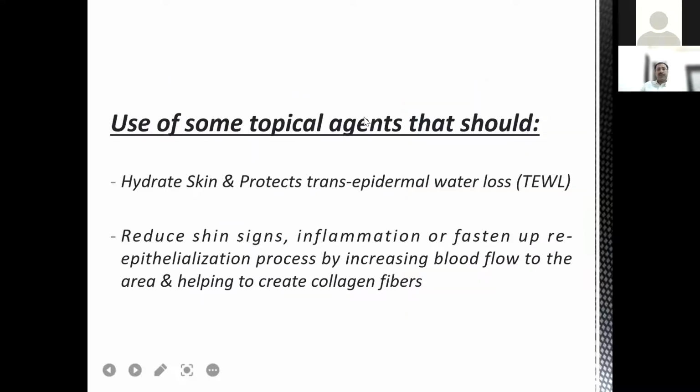There should be some topical agents that hydrate the skin and protect against transepidermal water loss, reduce skin signs and inflammation, or fasten the re-epithelialization process by increasing blood flow to the area and helping to create collagen fibers. So mainly it is hydration, and we should reduce the inflammation and increase the blood flow, thereby helping to create collagen fibers.